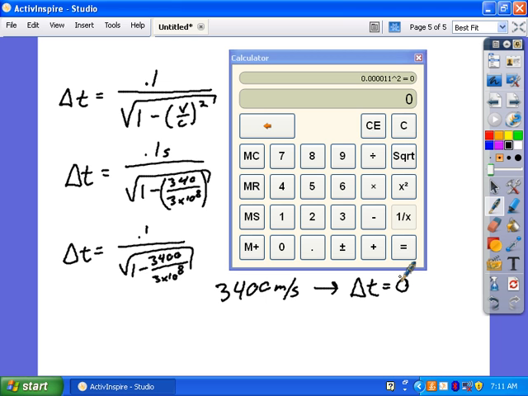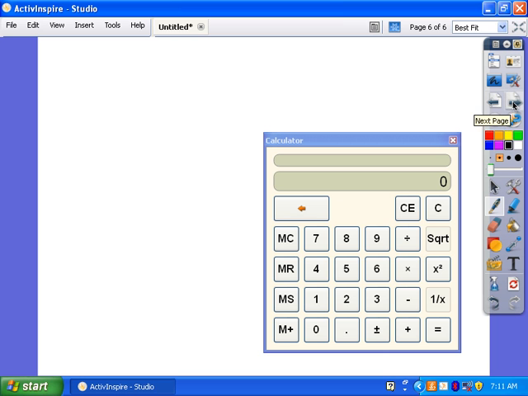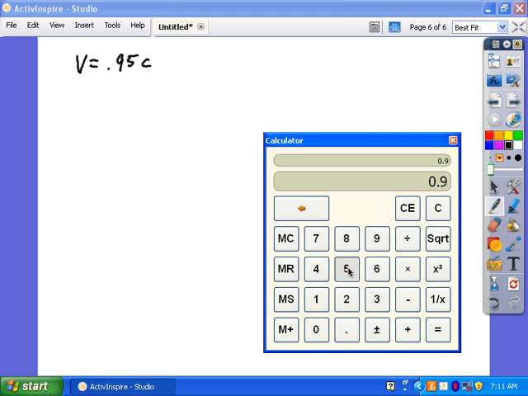But let's put it to a neat situation here and see what goes from there. Let's say that now you're able to travel at 0.95 times the speed of light, 95% of the speed of light, which would be 285 million meters per second.